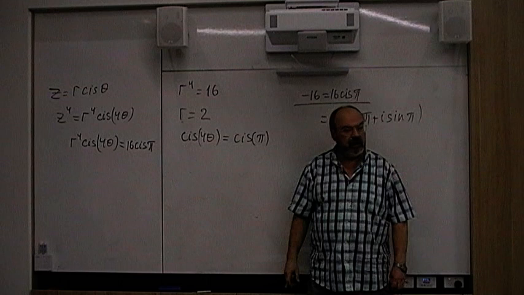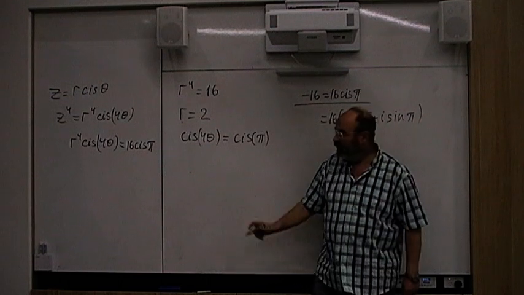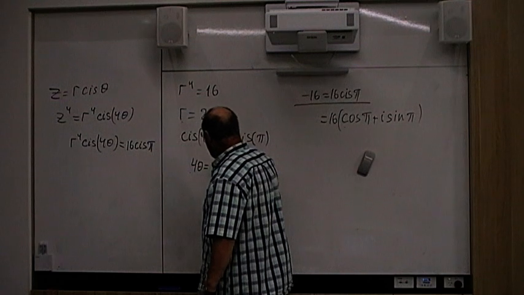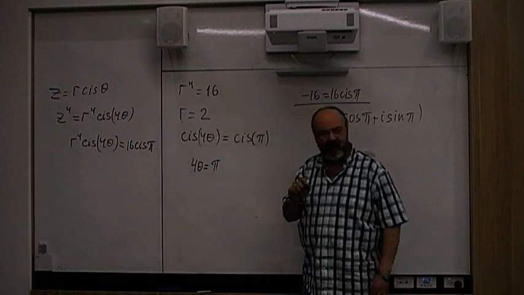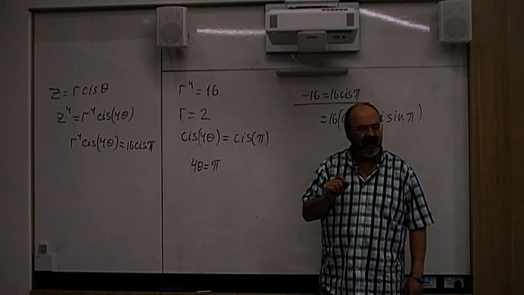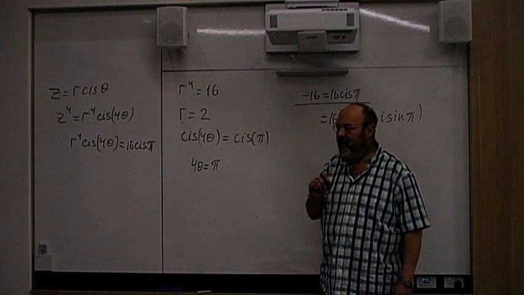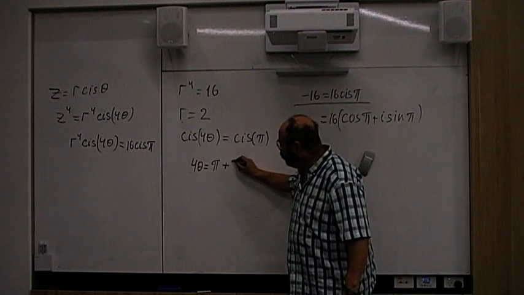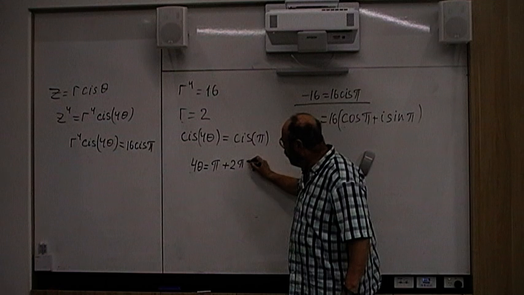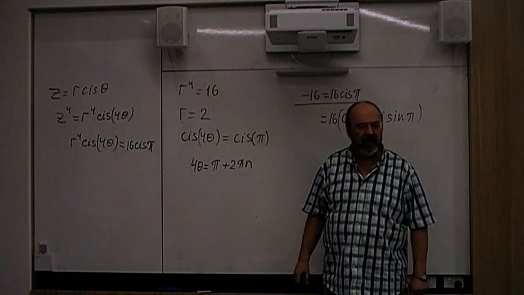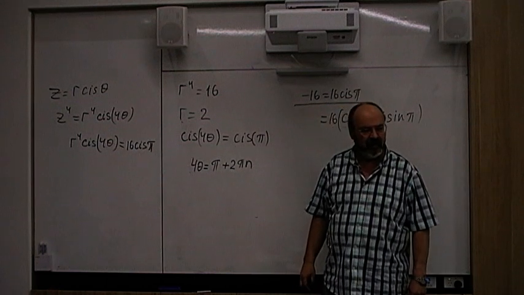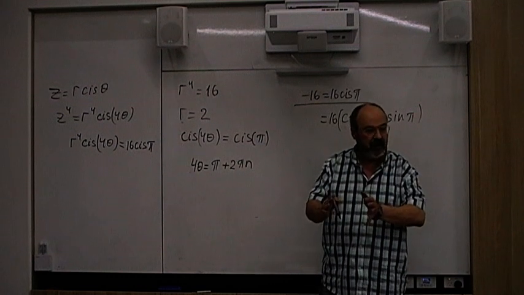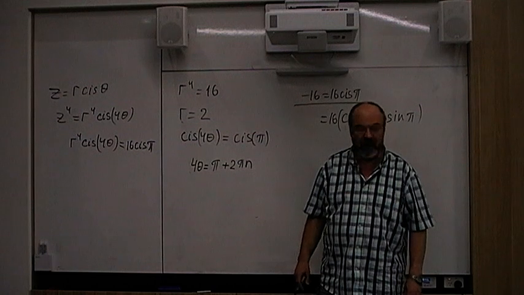So what will be the solution? 4 theta equals pi. That's one solution, but there are other solutions, plus 2 pi n. We will see at the end if our solutions fit into the domain from minus pi to pi.